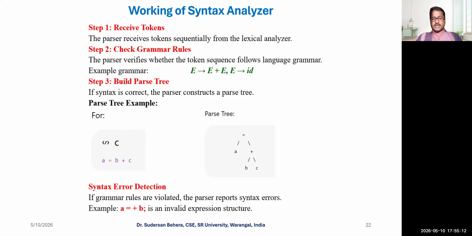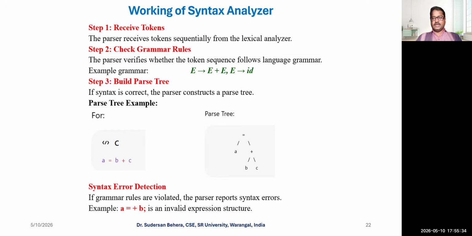The third step is it builds the parse tree. If the syntax is correct, the parser constructs a parse tree. If the sentence is grammatically correct, then it produces a parse tree or syntax tree as an output.